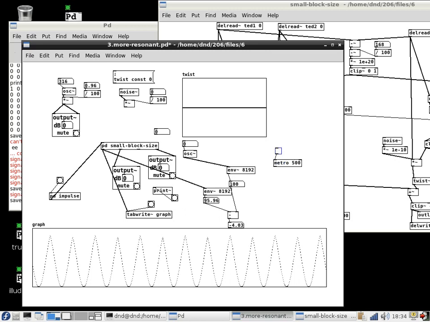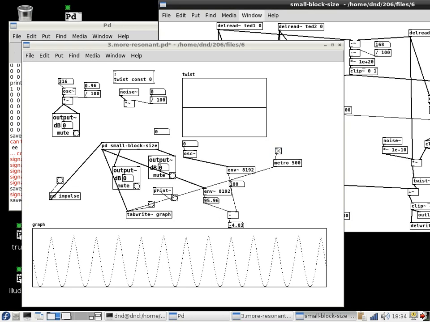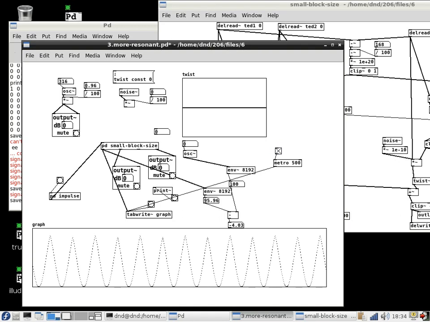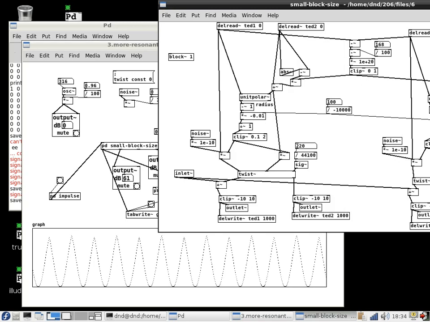Half a second. Good. Okay, and now as we change the pitches, different things happen.